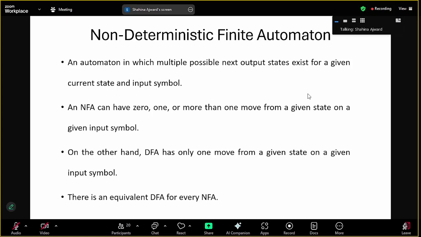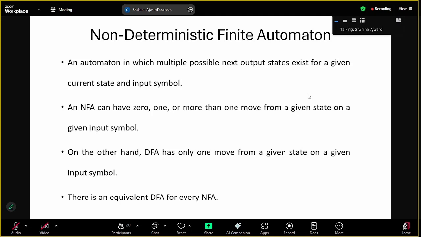So it can be defined, or maybe we can keep it without defining, right? And in a DFA, for one input symbol, let's say it's 0, if our state is Q0, the next state is only one.